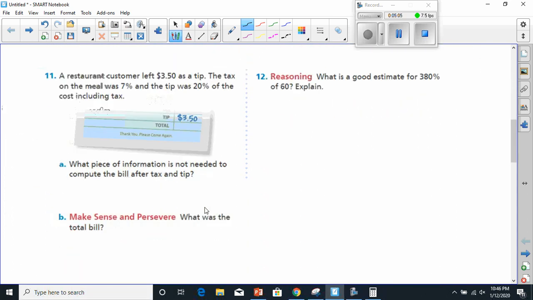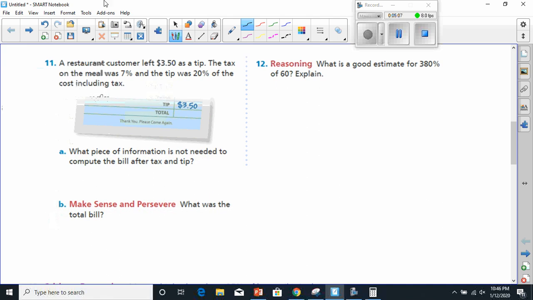All right, let's move on to number 11. It says a restaurant customer left $3.50 as a tip. The tax on the meal was 7%, and the tip was 20% of the cost, including the tax. What piece of information is not needed to compute the bill after tax and tip? Well, they gave us the customer left a $3.50 tip.